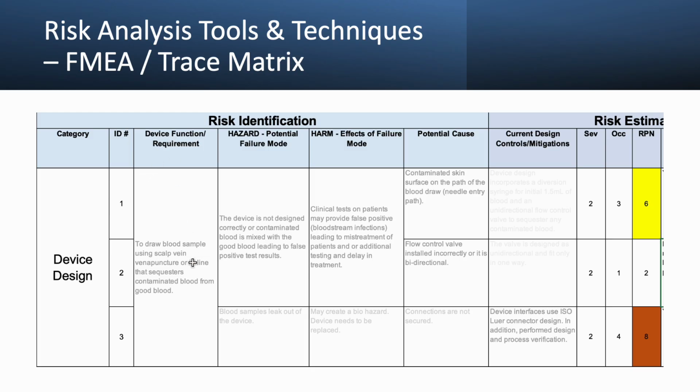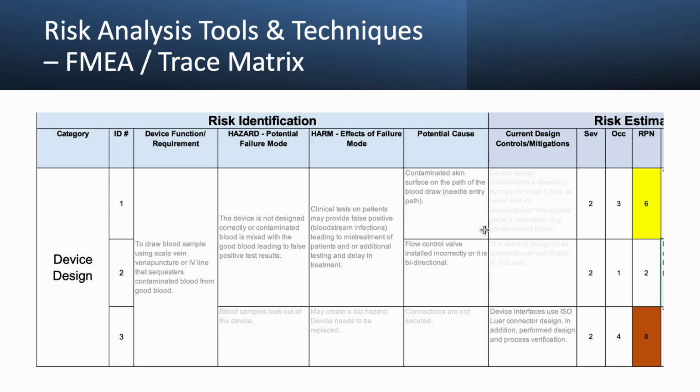And then it starts with device function, and then hazard, which is the source, then harm. In between hazard and harm, you can add other columns also, like event, hazardous situations, potential cause, and the controls we have in place. What are the controls? Followed by that, you can see the risk estimation: the severity, occurrence, RPN.